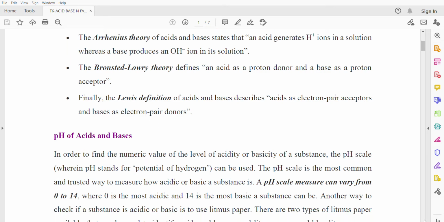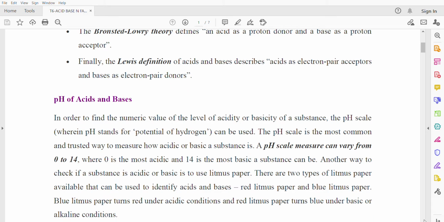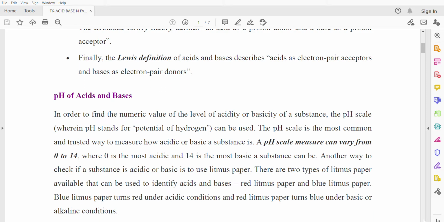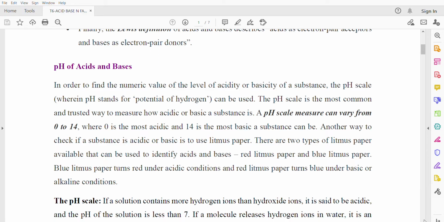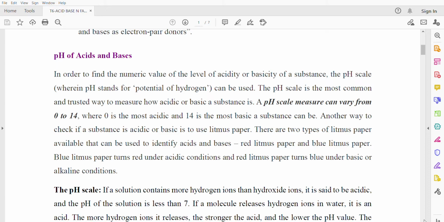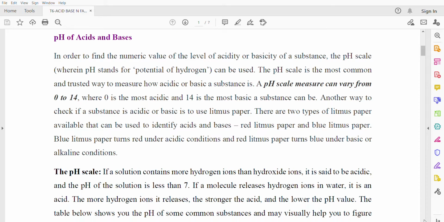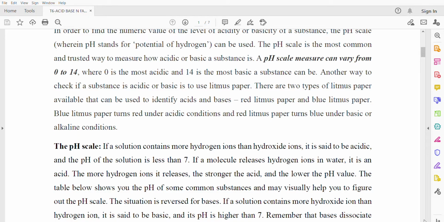According to Lewis, anything which is an electron acceptor will be an acid and an electron donor will be a base. Then I told you how we measure with the scale of pH. It is discussed in detail in my previous lecture.